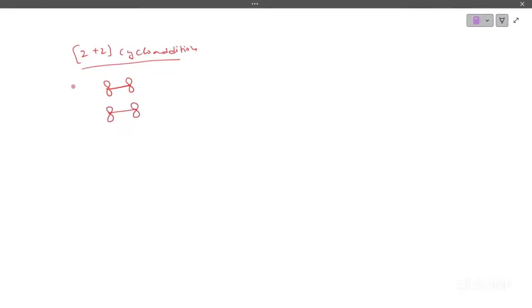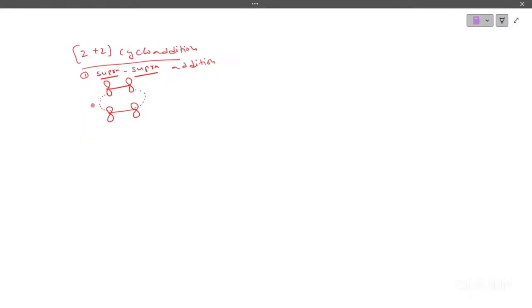The first stereochemistry is supra addition. In this supra addition, with respect to the first pi system it is supra, and with respect to the second pi system it is supra. I am making this one bonding interaction standard, and the second interaction between the two pi systems is from here and from here.